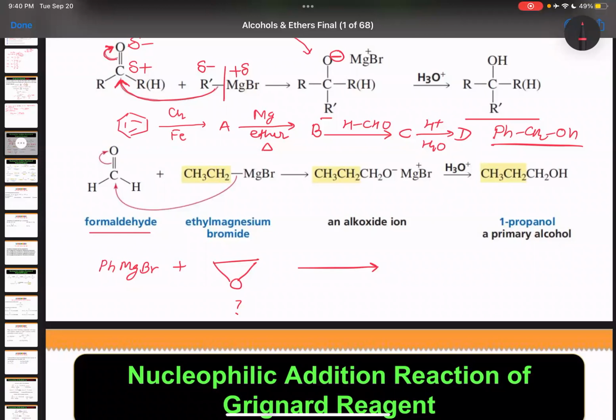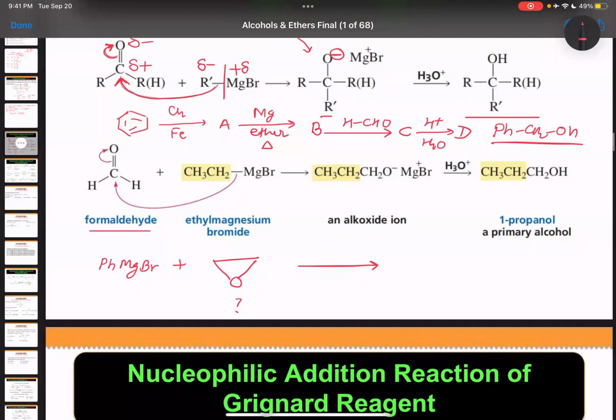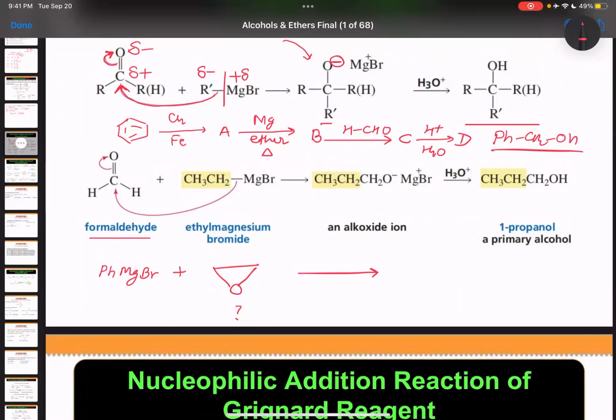Which compound is this? It is an ether, a cyclic ether.